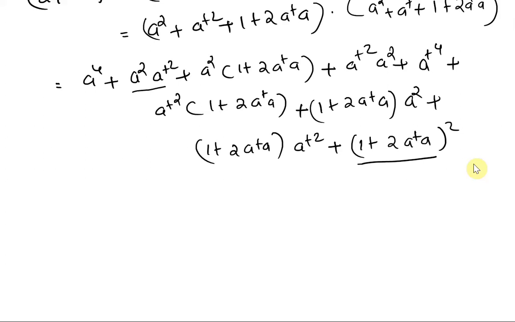It will not change the state. No need to bother about that. This will change, this will not change, this will change, this will change, and this will change, and finally this also will change. So remaining terms will change the state.